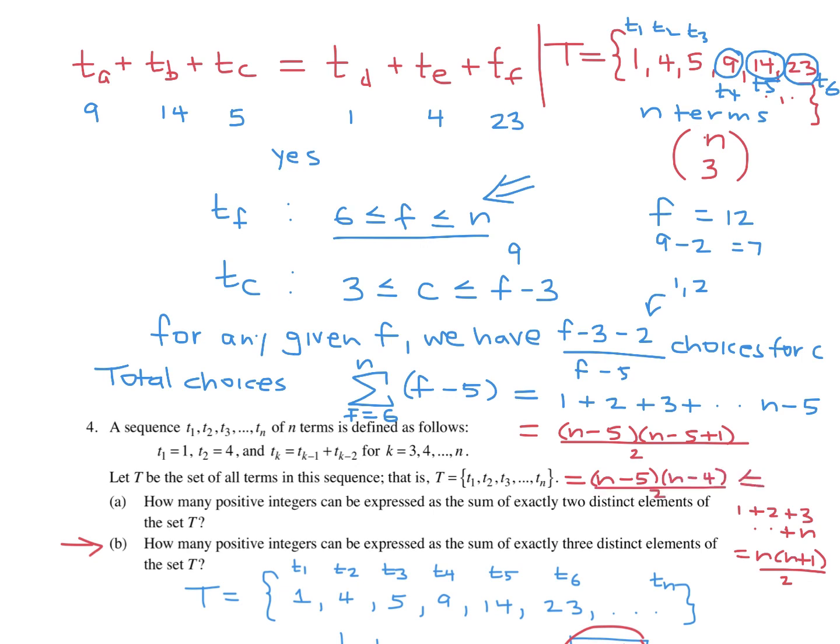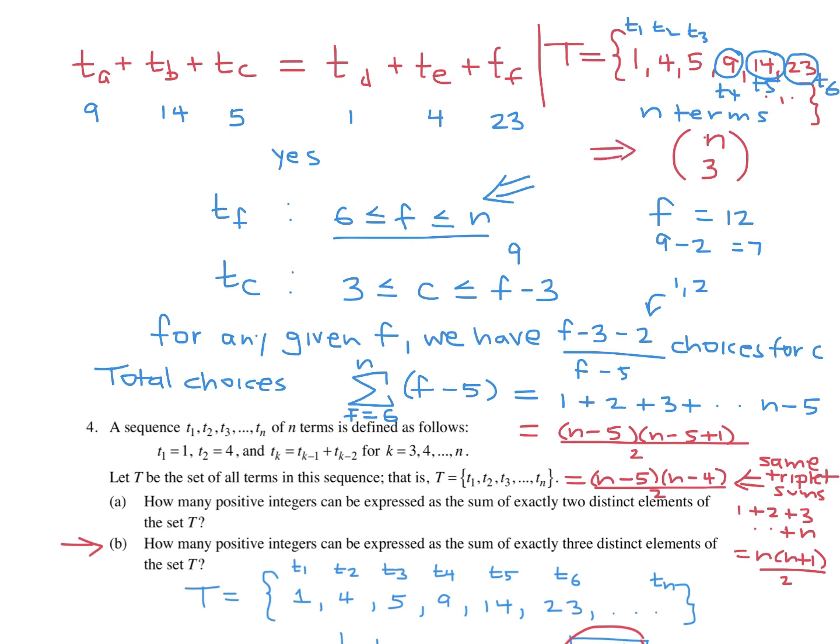This represents what? This represents the number of same triplet sums. Correct? So this represents this scenario. And what we need to do is subtract that from the total, which is here.